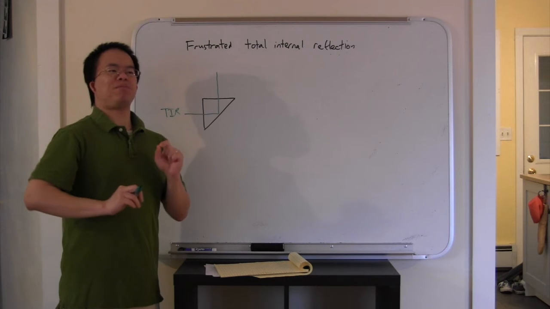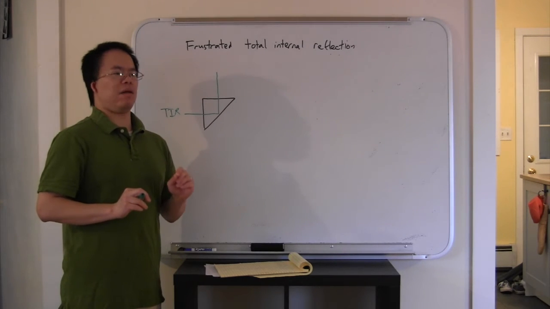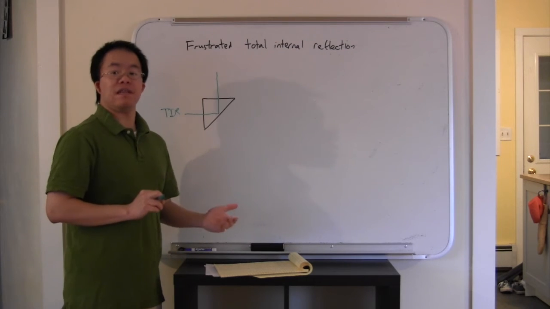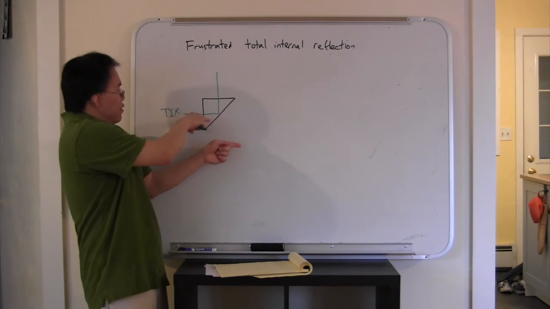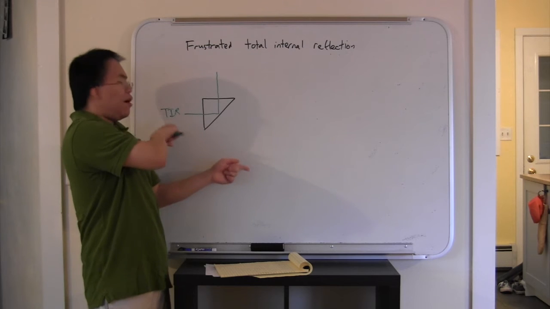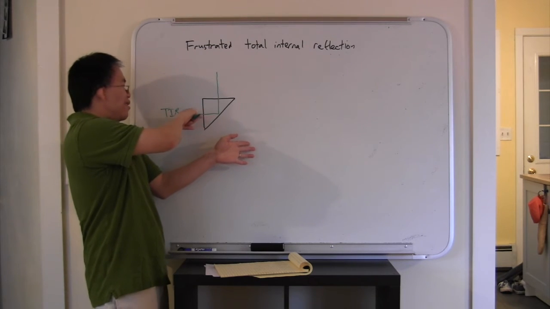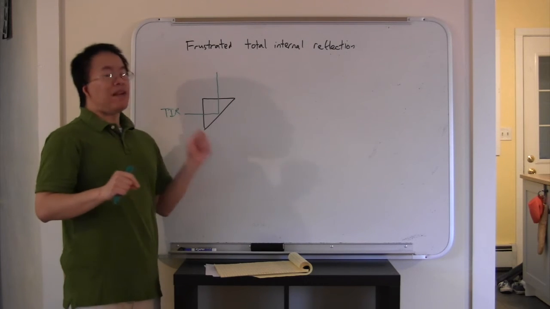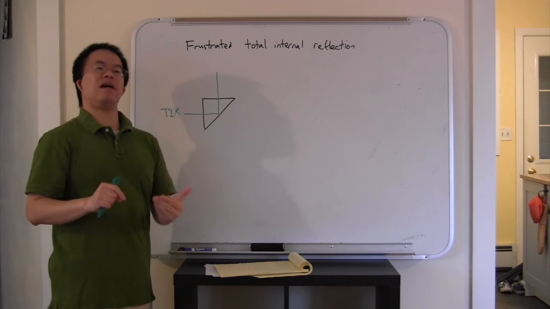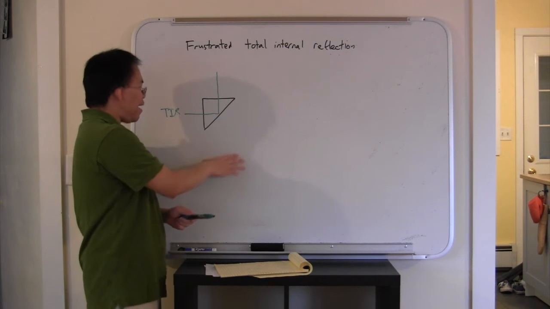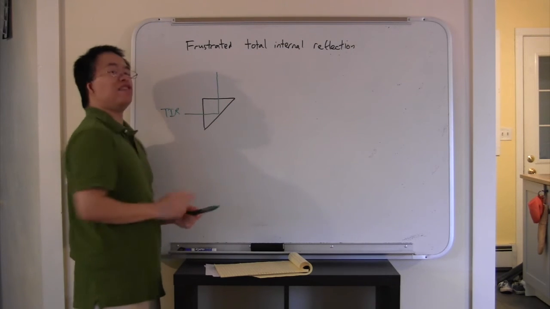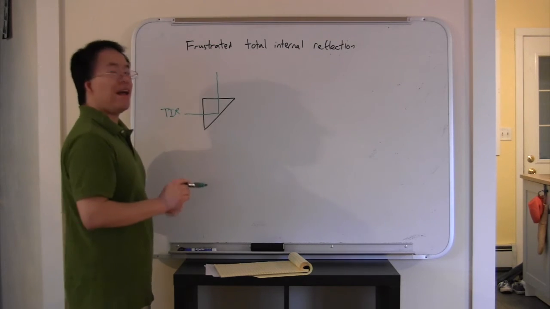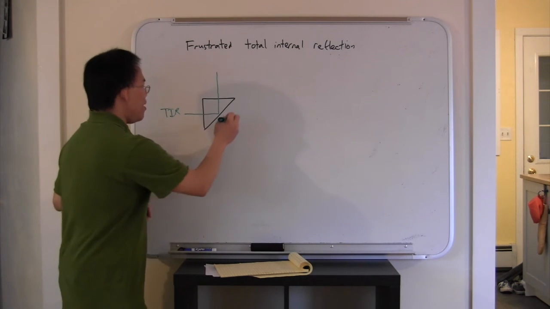One thing that you probably didn't talk about when you studied TIR in Physics 217 is that even though the wave is entirely reflected in TIR and all the energy is carried by this outgoing ray here, it still happens that when you write down Maxwell's equations at a boundary in this kind of geometry, you get an exponentially decaying wave out here, what's called an evanescent wave.